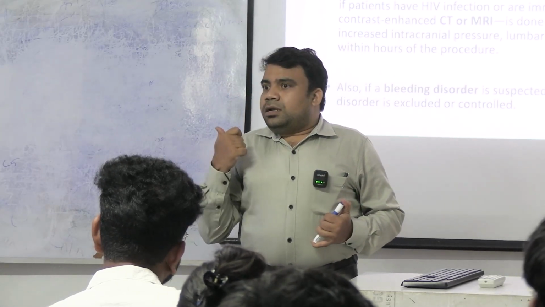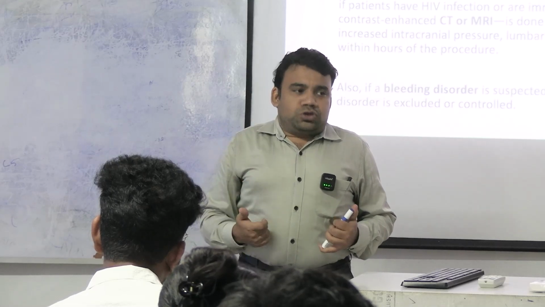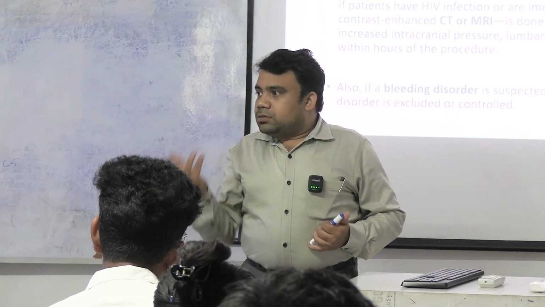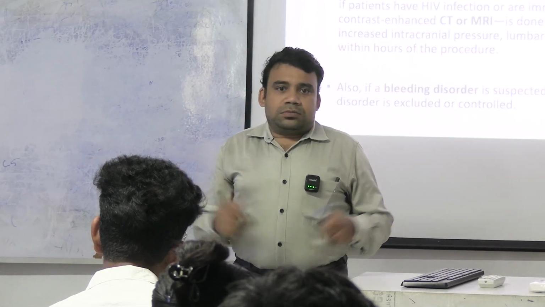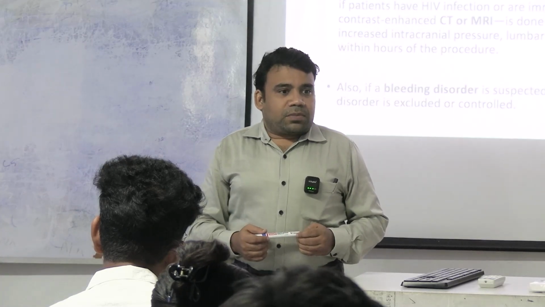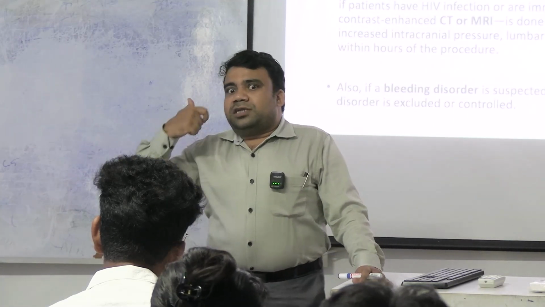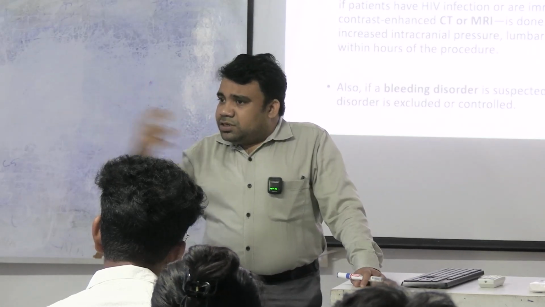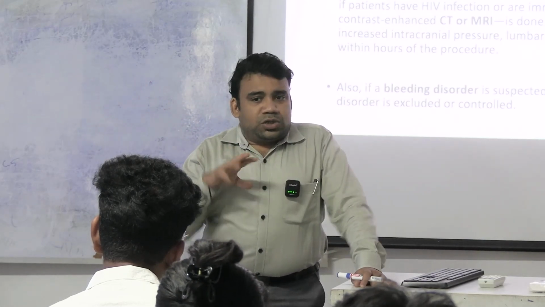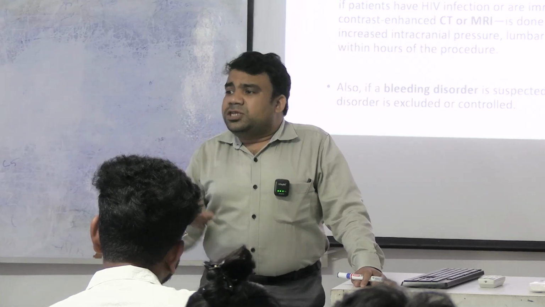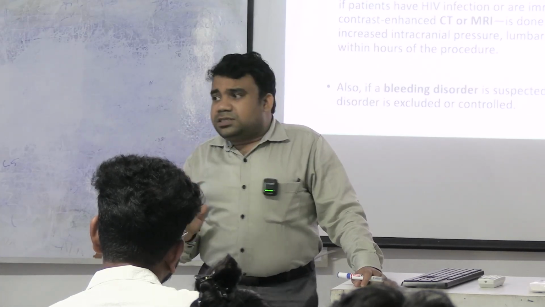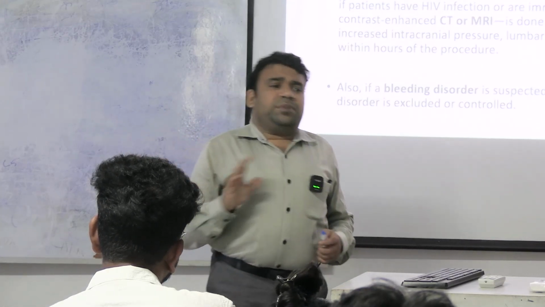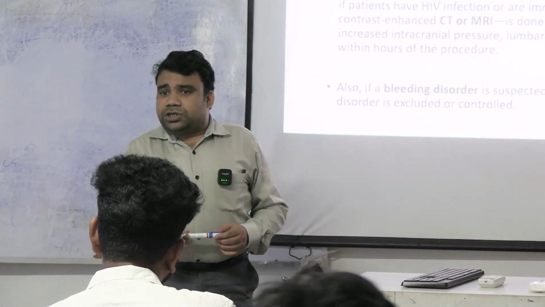Or we can take an ophthalmoscope and look at the macula, because the retina is directly connected with the brain. If there is increased pressure, there will be bulging of the optic disc. If these are seen, lumbar puncture can be delayed or done very cautiously.